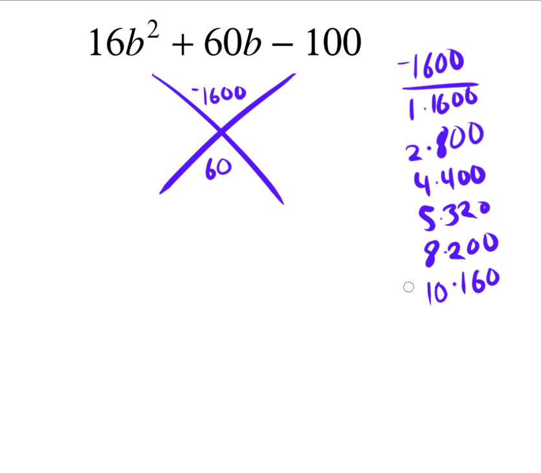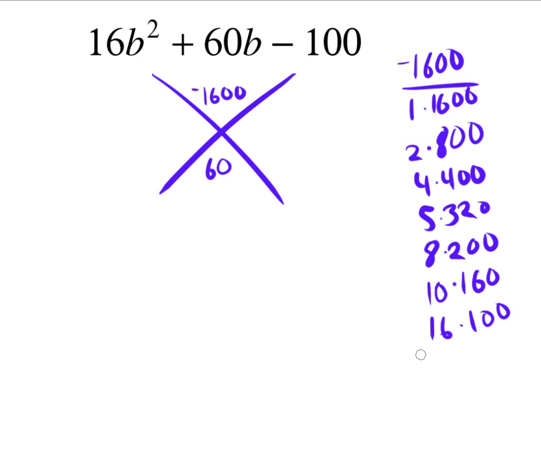No, it didn't. 1,600 divided by 15. No. 1,600 divided by 16 is going to be 100. 16 times 100, right? So that worked. I'm going to keep going.